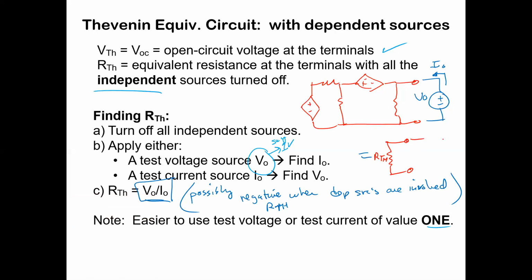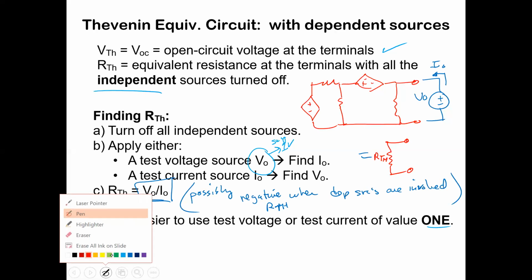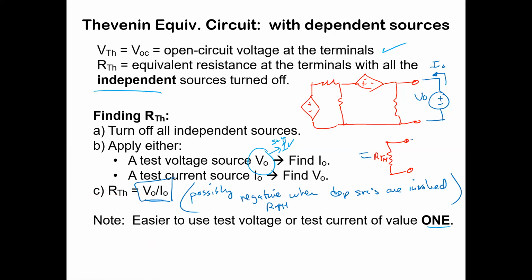But you are reducing that whole thing to a single resistor, even though it has dependent sources inside there. So R Thevenin equals VO over IO.